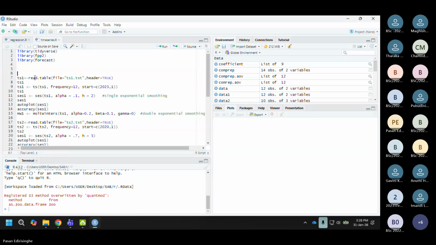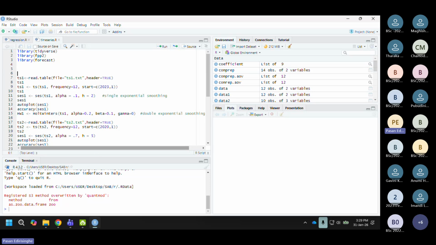Whenever you open them, you can see I have these four windows. They present the data and the coding. Now, all the writing we do over here.